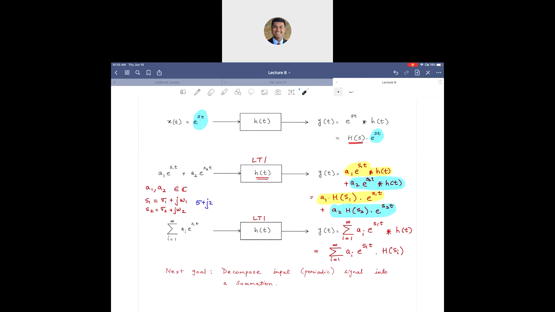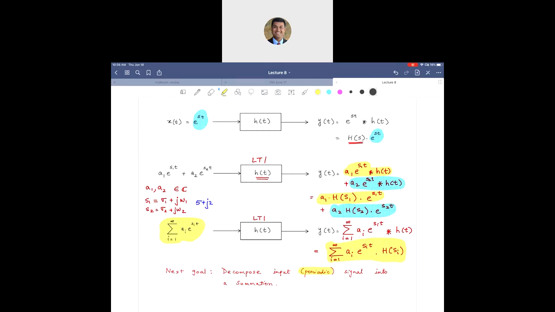Now, our next goal is going to be to decompose a periodic input signal into a summation. As you can see, if we can break down any periodic input and express it in this form, then we know the output for that. Our goal: find the output of any periodic signal.